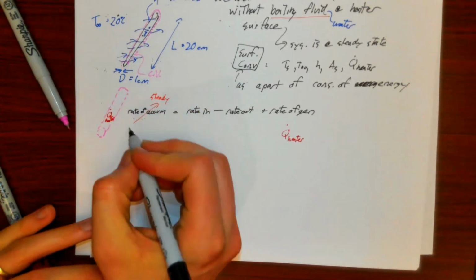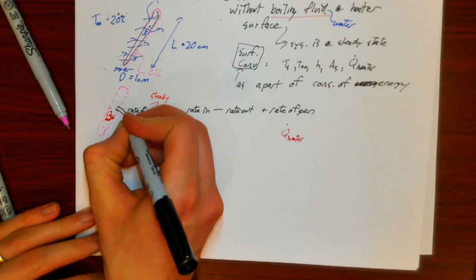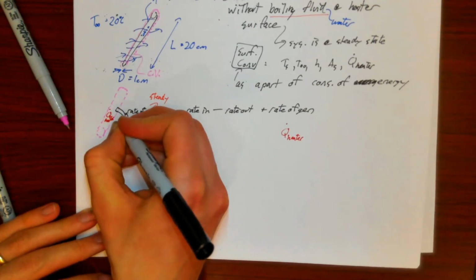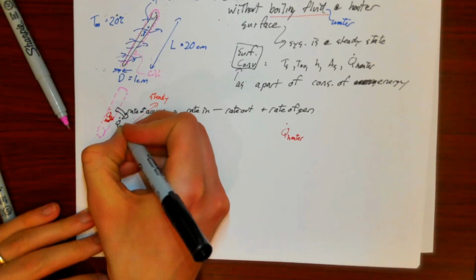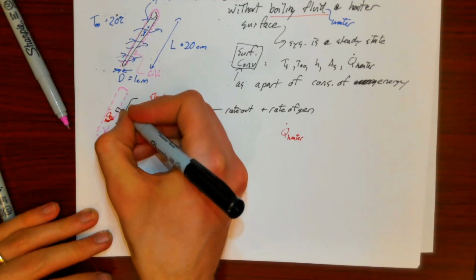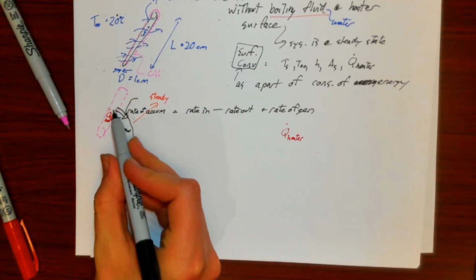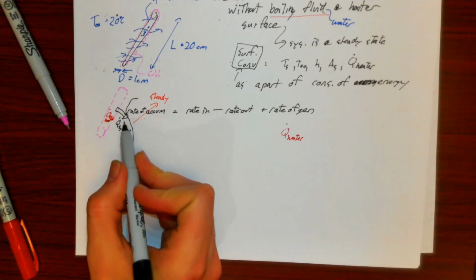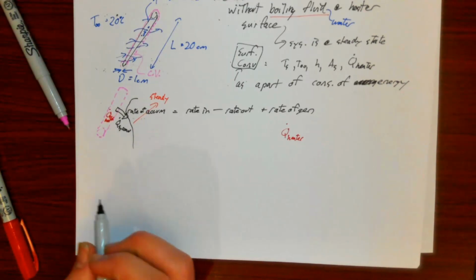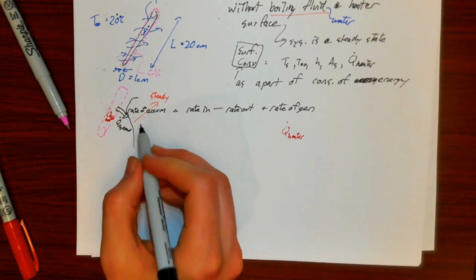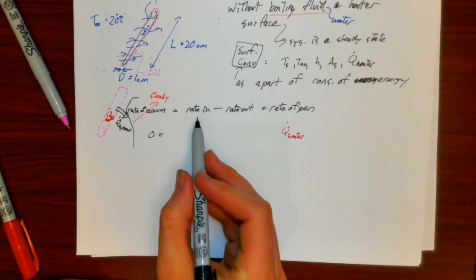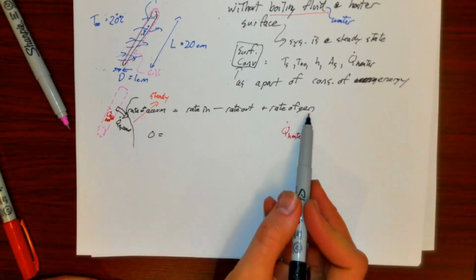And then I also have my Q dot surface convection going from the solid to the liquid out of this surface. So I don't have any rate of accumulation because my system is steady. I don't have any ins, my heater is a generation.